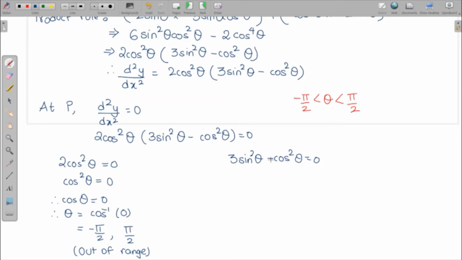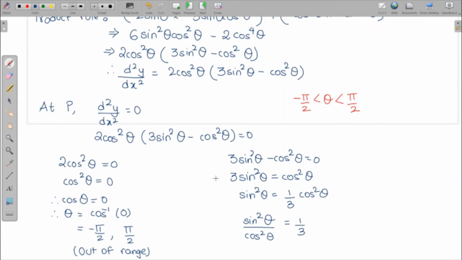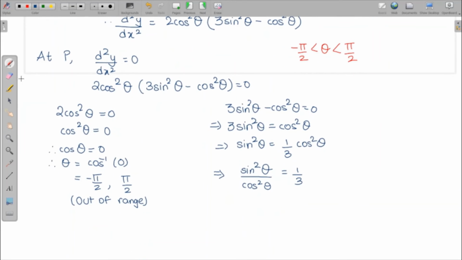So we can take this cos square theta to the other side. So this will become 3 sine square theta equals cos square theta, or sine square theta equals 1 by 3 cos square theta. So now if I take this cos square theta and bring it to the denominator on the left hand side, this will be sine square theta by cos square theta equals 1 over 3. Okay, so sine square theta by cos square theta is tan square theta. So now this will become tan square theta equals 1 over 3.